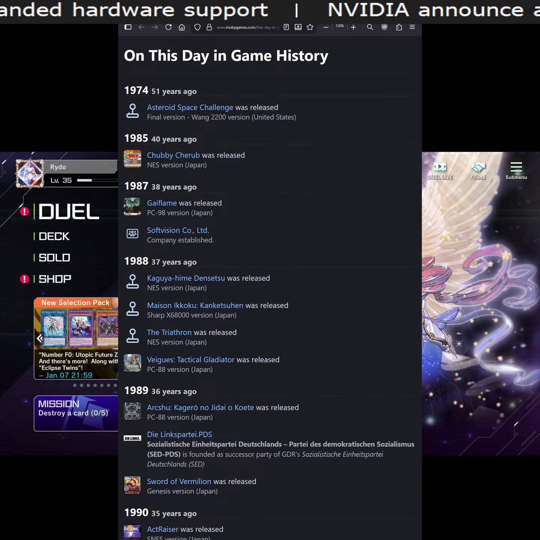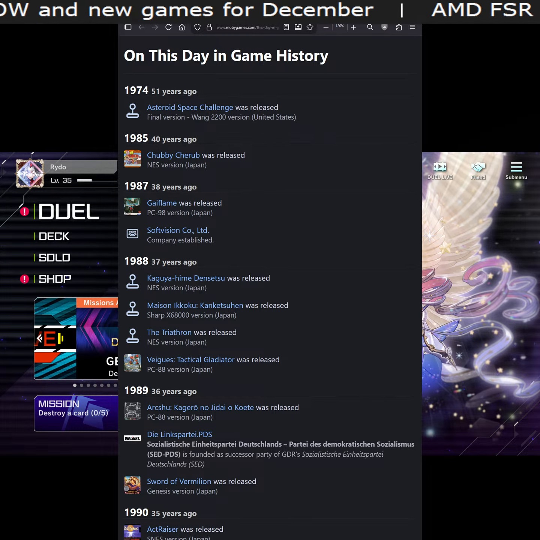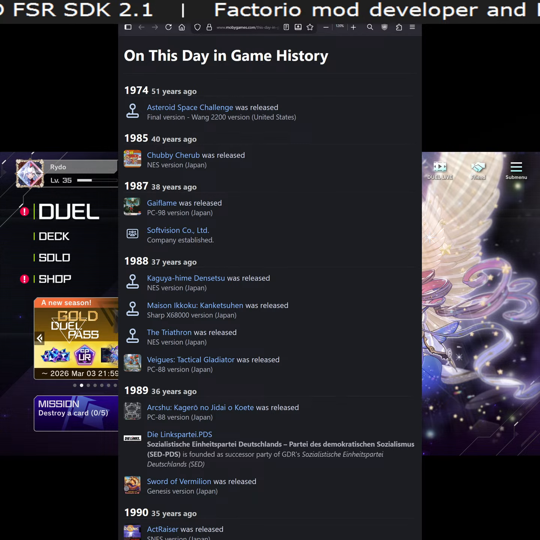even at what would be the lowest amount of pixels, which would be a square 1920 by 1920 stream, it just does not really work.